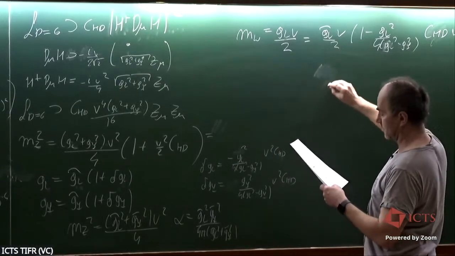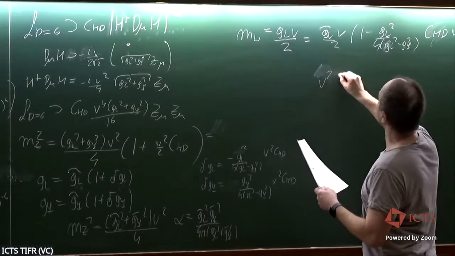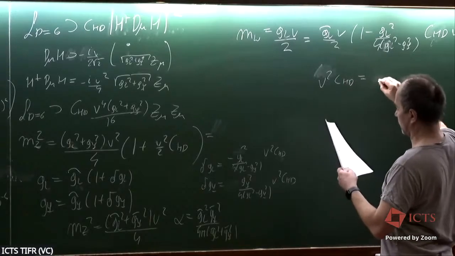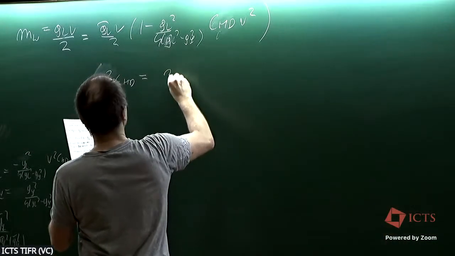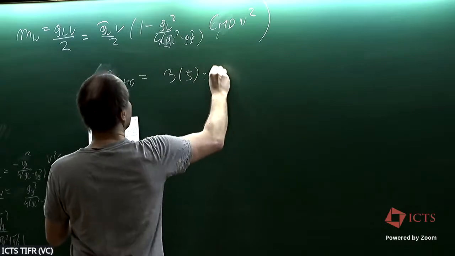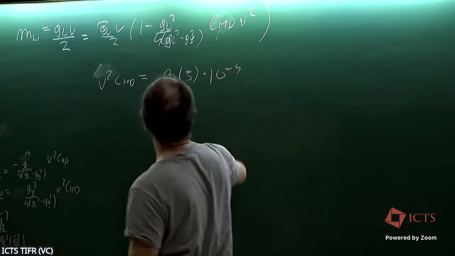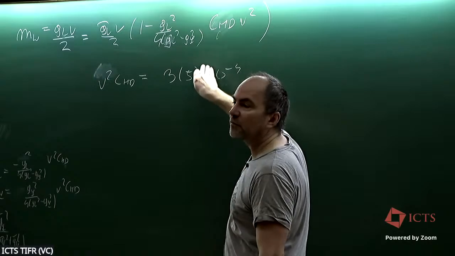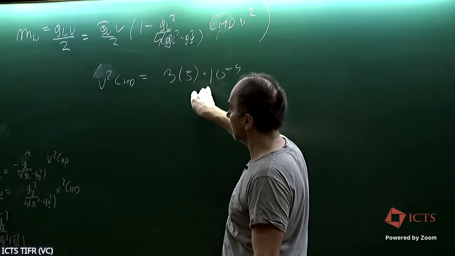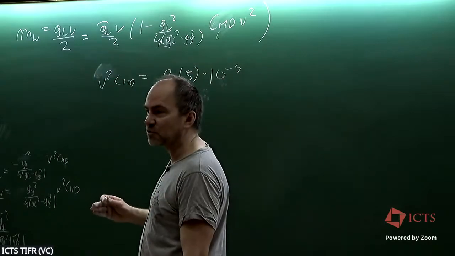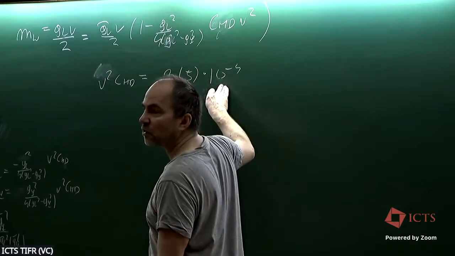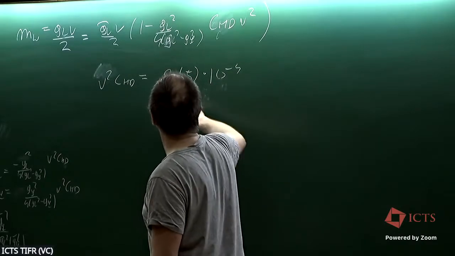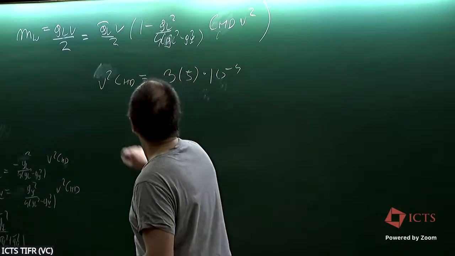So you solve it, and then you find that V squared CHD is equal to 3.5 times 10 to the minus 4. You're getting a constraint of sub per mil precision. But you're not getting the 10 to the minus 5 constraint from MZ, you're getting a 10 to the minus 4 constraint from MW.